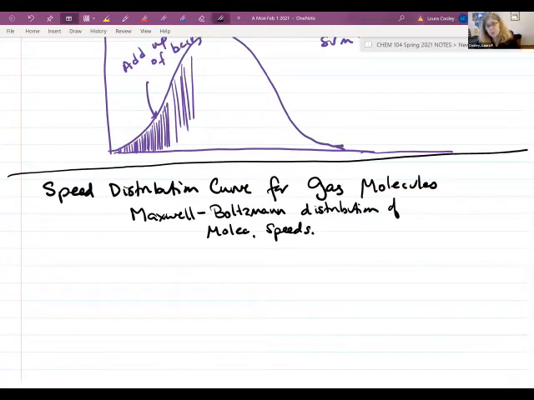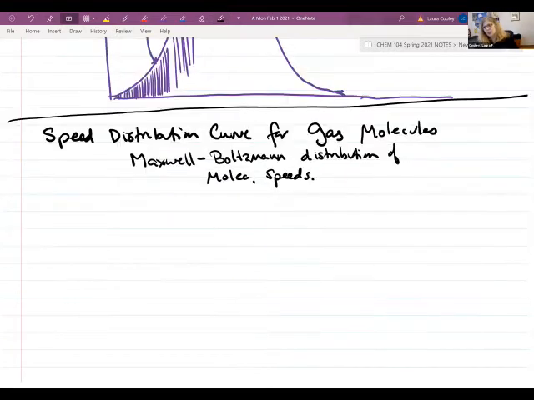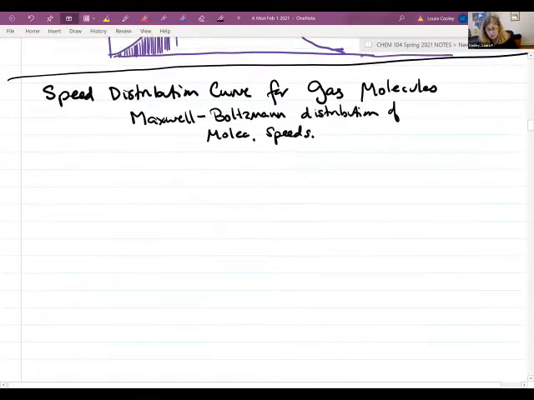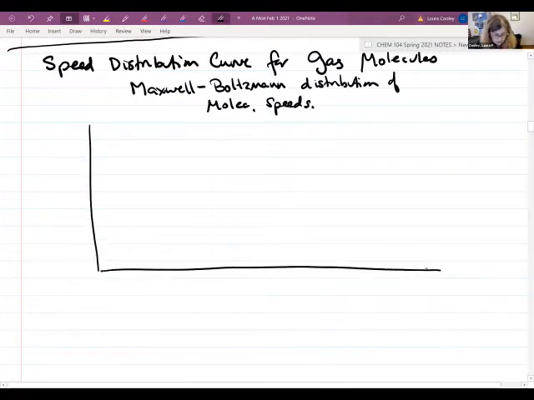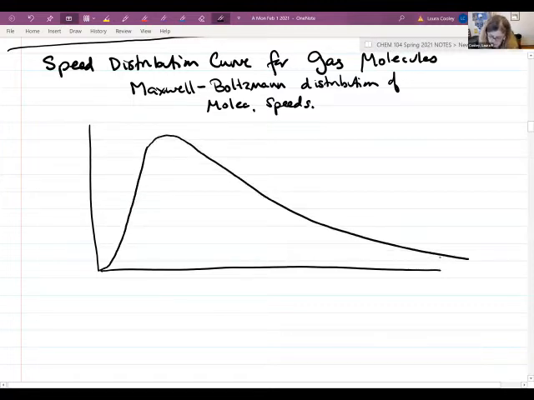The speed distribution curve doesn't look quite as symmetrical as that height distribution curve. Here it has a fast rise, but then it falls off more slowly. So that's how it's different.